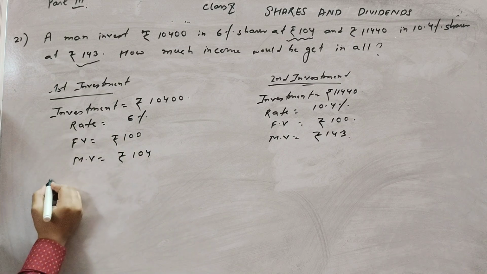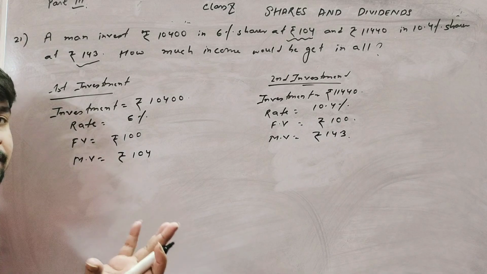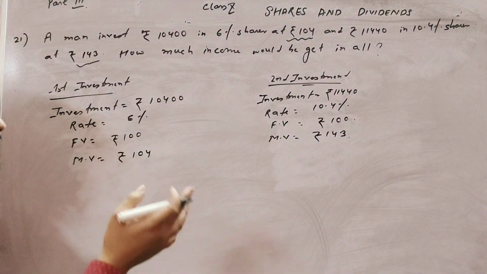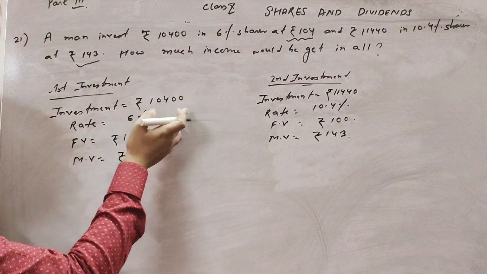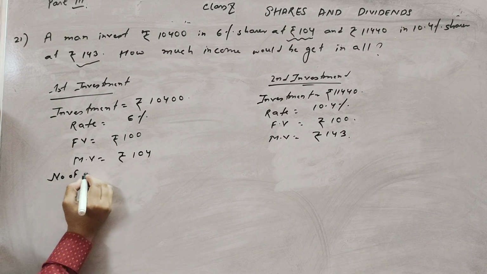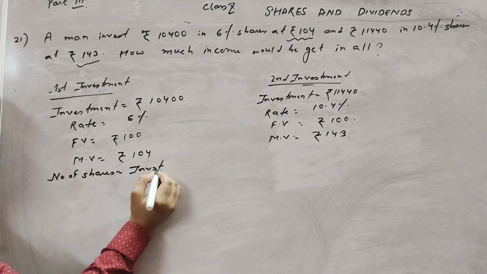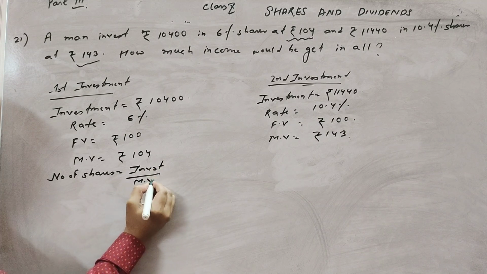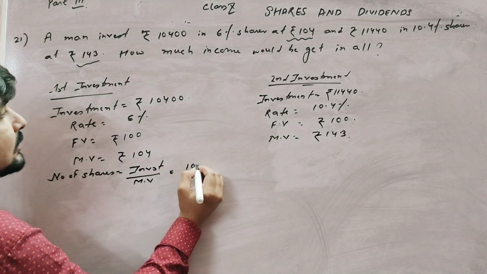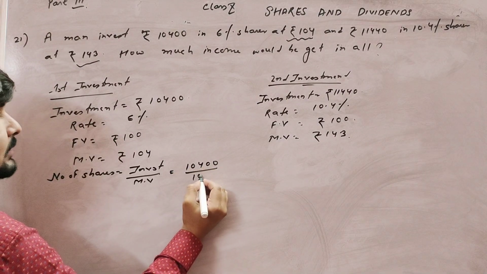So we calculate annual income. Before we calculate annual income, we know the formula is number of shares into face value into rate, but we don't have the number of shares. So first of all, we calculate number of shares. Number of shares equals investment by market value of one share. Our investment is 10,400 and market value is 104.